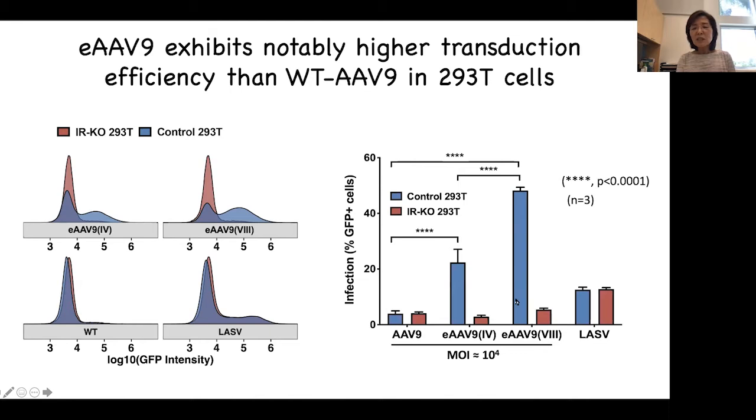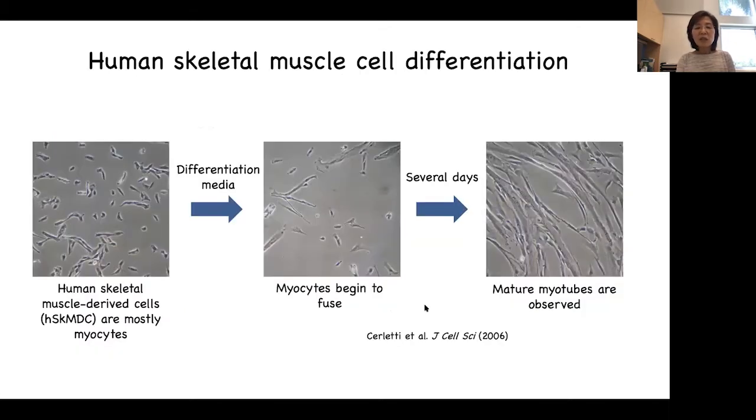So this is the quantification of this type of experiment. So both the 4 EAV9, 4 and 8 showed significant increase in transduction in the presence of IR, insulin receptor.